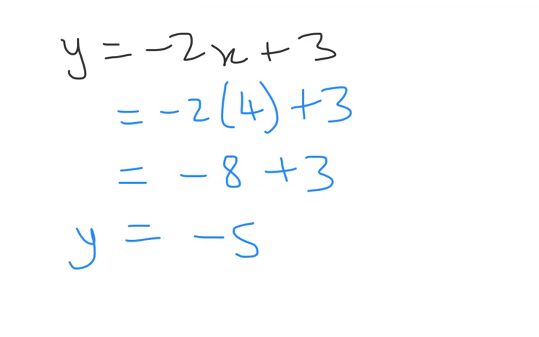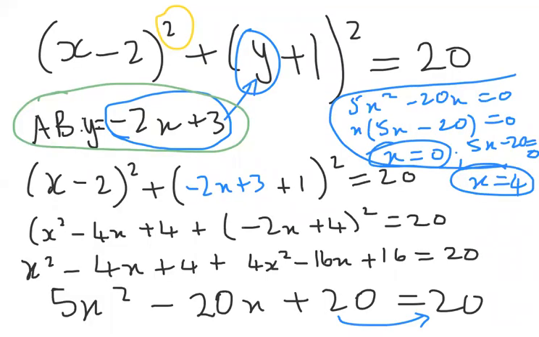So why did I do that? Let me just go back again. Just keep in mind, we calculated the two values. This is still a simultaneous equation. So we did a lot of stuff, but just keep in mind, we're still busy. There's the one formula, there's the other formula. So this is still part of simultaneous equations. I worked out the one part, which was x equals 0 or x equals 4.